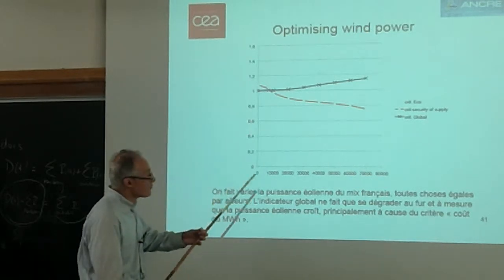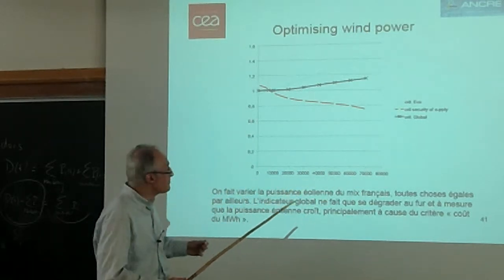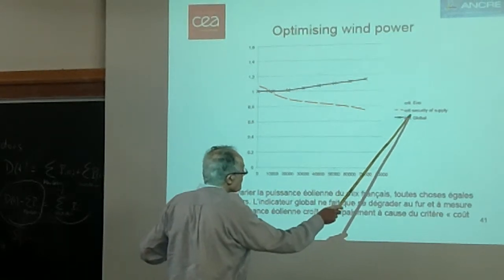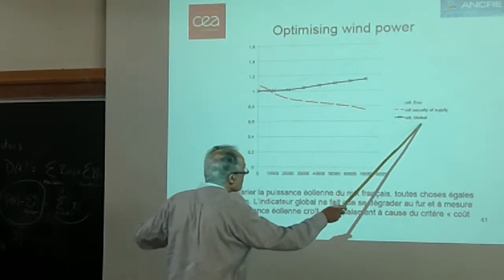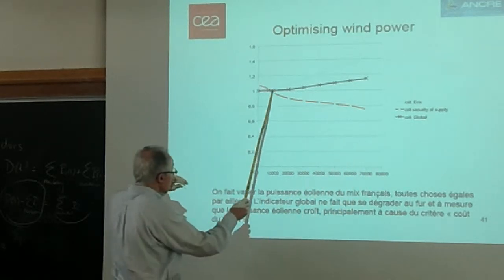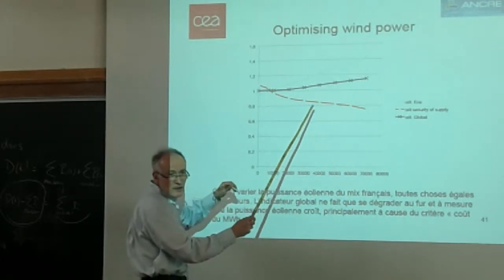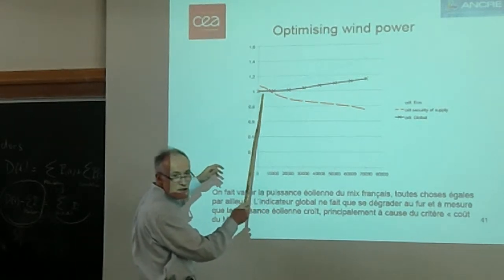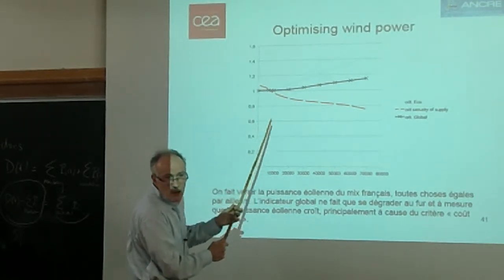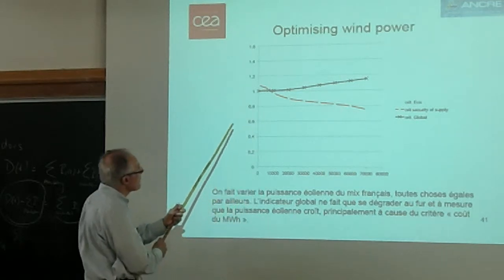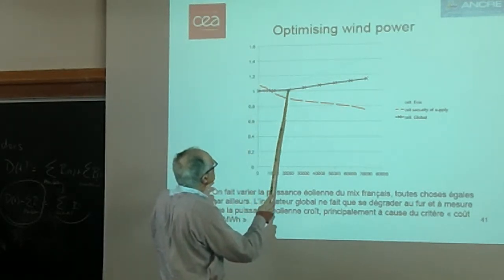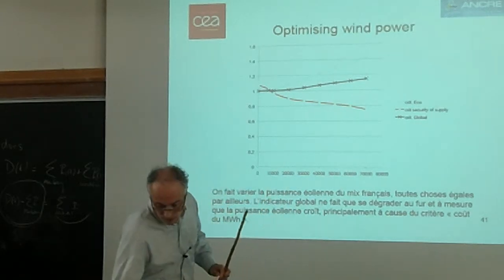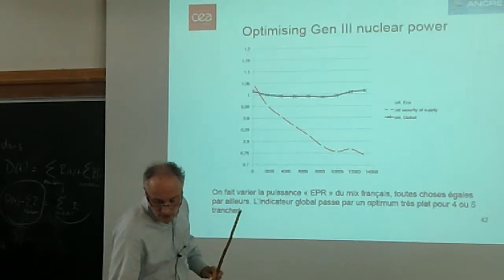Wind power can also be optimized in this way, according to economical criteria, security of supply, and so on. The global criterion, when it increases with respect to 1, which is the normalized criterion for the present French mix of 2012, then degrades with the introduction of wind power, but not very much.